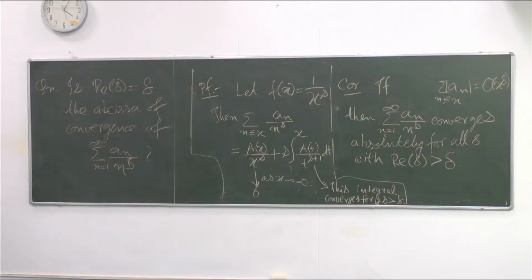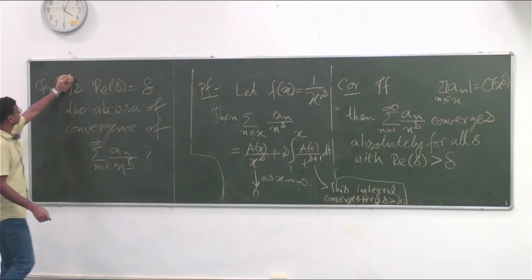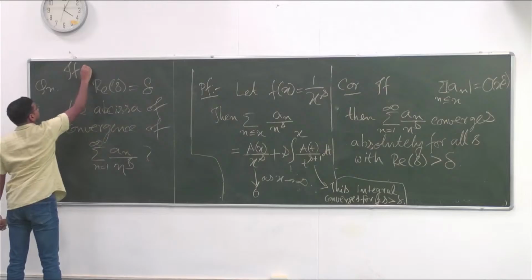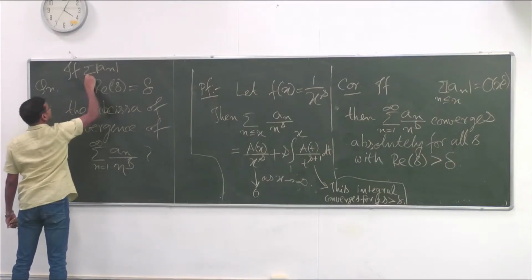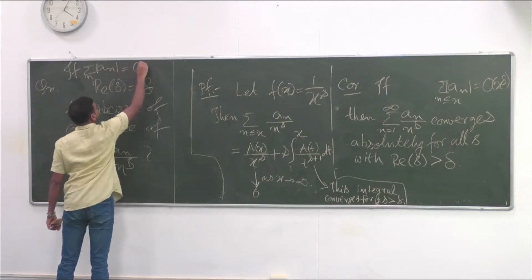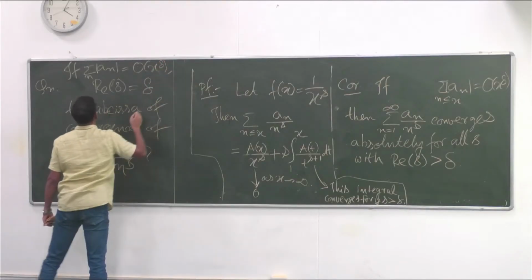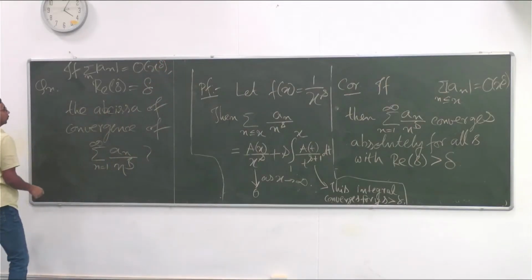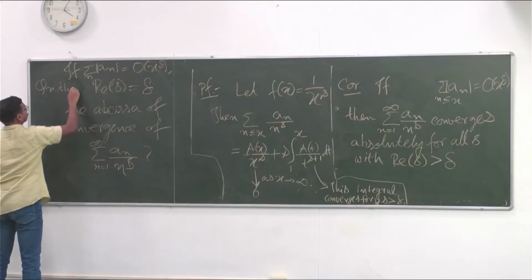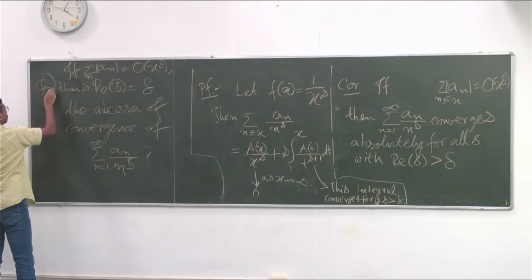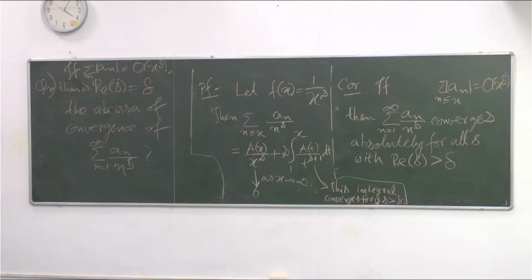In that case, if this is big O of x power delta, so this is a question. You recall what was the abscissa of convergence? What was it? Please tell me.